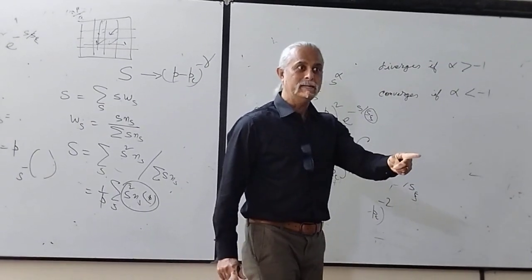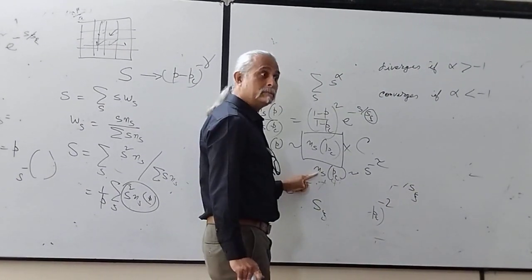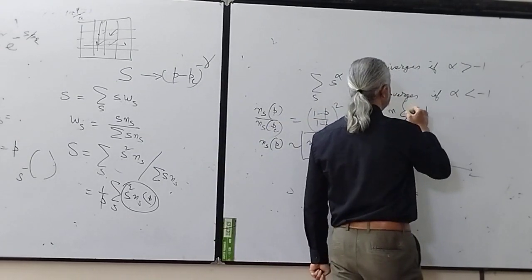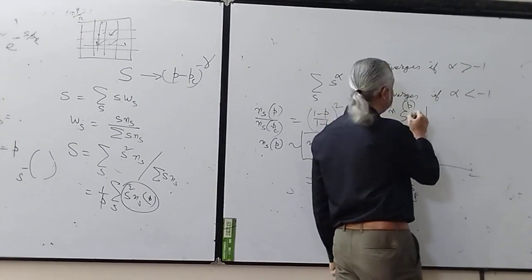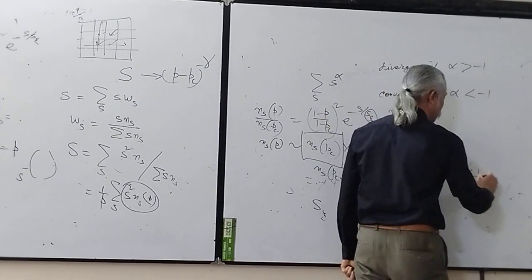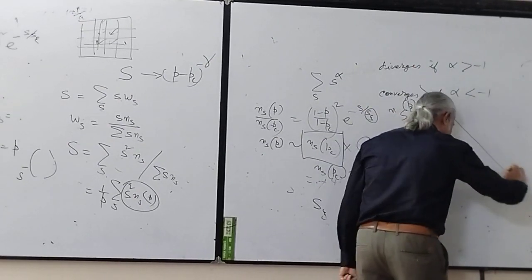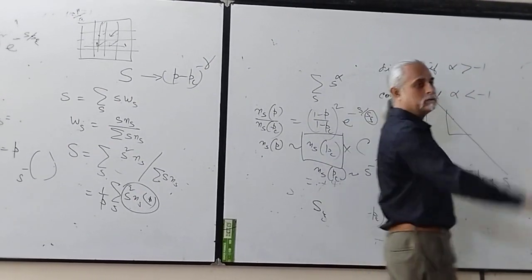Then I did numerical simulation and saw that at p_c, when I measure n_s and plot log n_s against log of s, I get a beautiful straight line with an exponent.